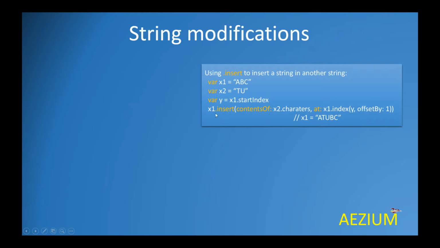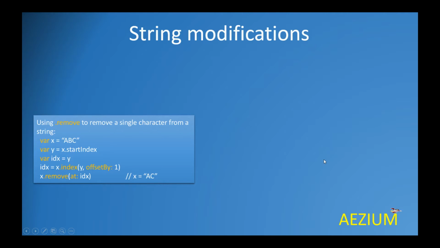As a result of this, x1 is modified, and the modification is the insertion of the characters of x2 at position 1, which is the position of b. So we will have a, and tu will go in that position, and bc will be pushed to the right. So this would be the outcome.